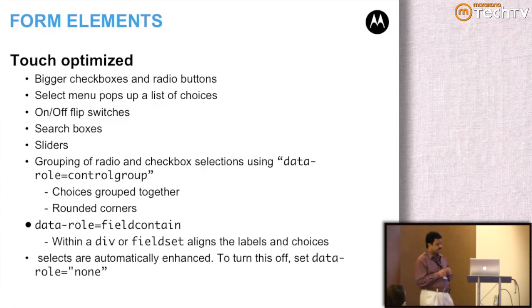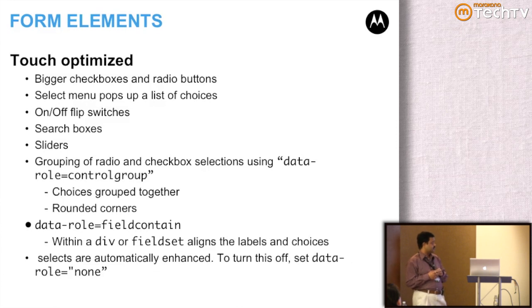So, what it does is it makes the checkboxes and radio buttons bigger, so that you can tap on those easily. When you have a select item, it pops up a box. I am sure you are familiar with it if you use an iOS device. I will show you examples of those, so that you can easily pick your choice.